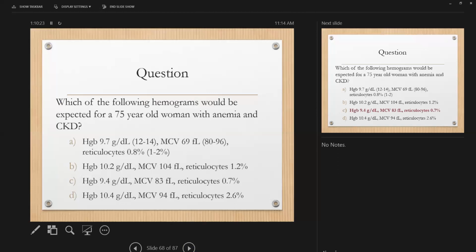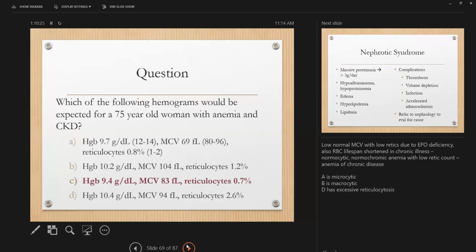So your answer is actually going to be C. A represents a microcytic anemia because the MCV is 69. B is a macrocytic because the MCV is above. C is actually a normocytic, normochromic. They're just low in their hemoglobin.